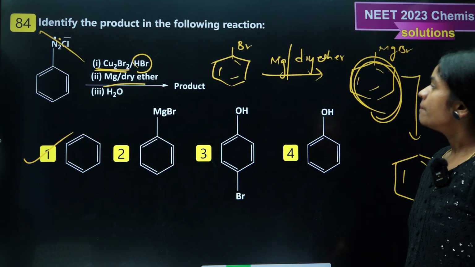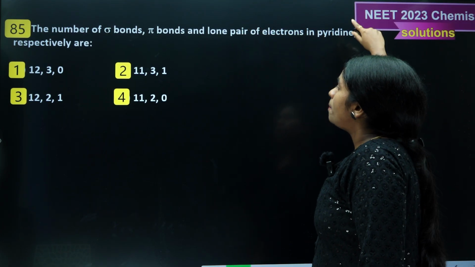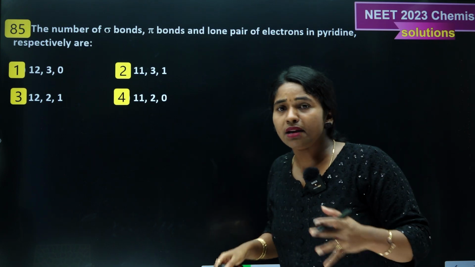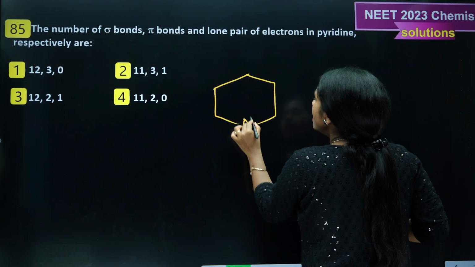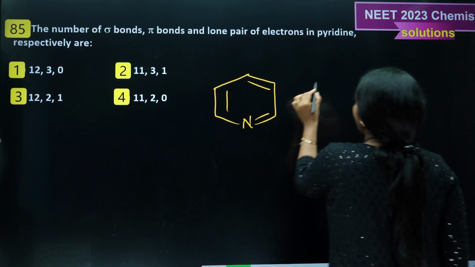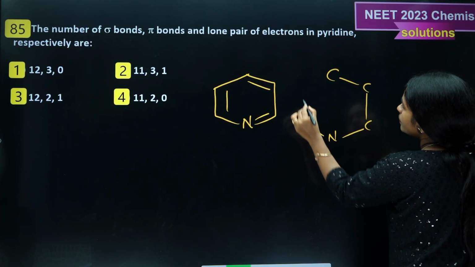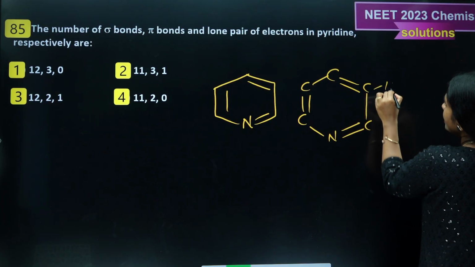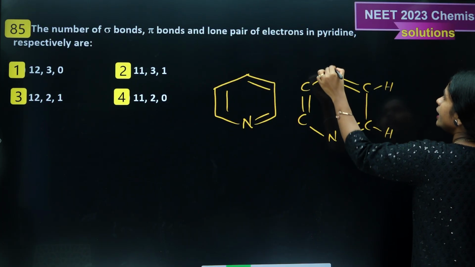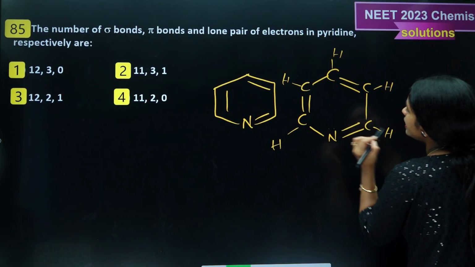See the next one. The number of sigma bonds, pi bonds and lone pairs of electrons present in pyridine. If you know the pyridine structure, you can find it, right? So this is the structure of pyridine. Write the structure with respect to the carbons like this. Here one hidden hydrogen, one hidden hydrogen, and here it is a lone pair.